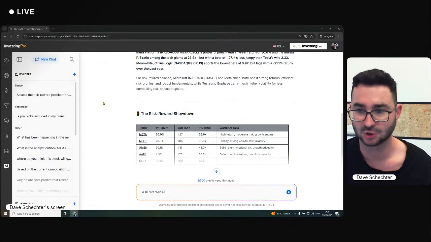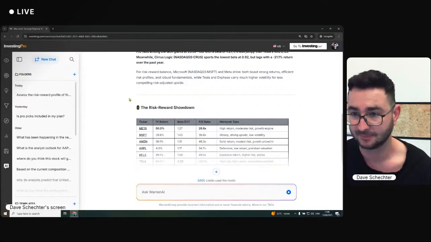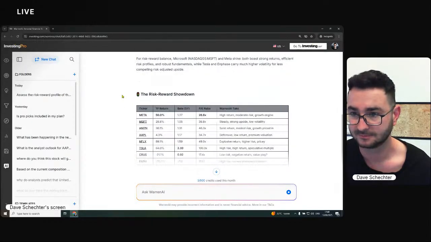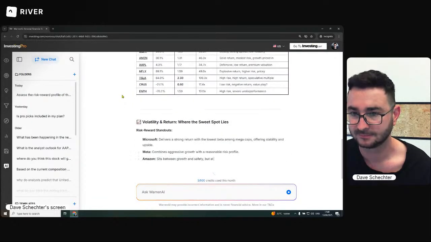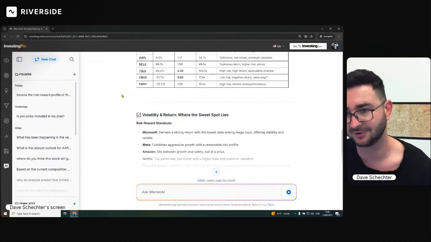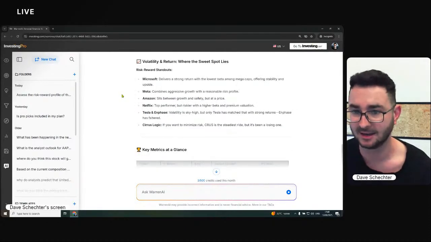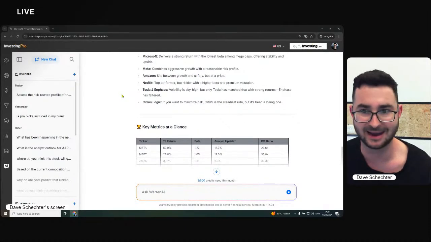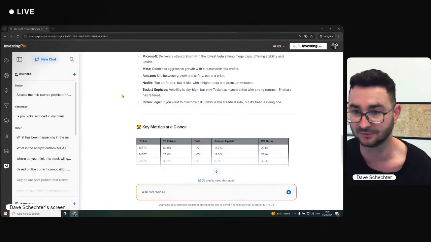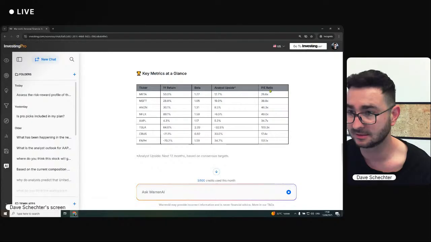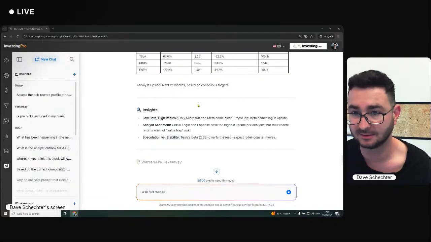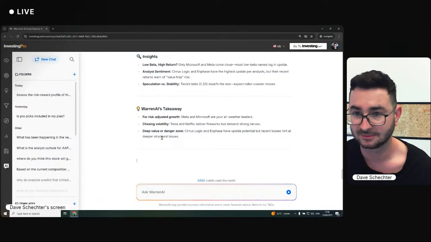It then creates charts on the fly. It'll give you volatility versus return, where the sweet spots lie. It just knows out of the box to answer most questions that an investor might have when asking questions about their portfolio. Analyst upside, PE ratios, beta, insights.